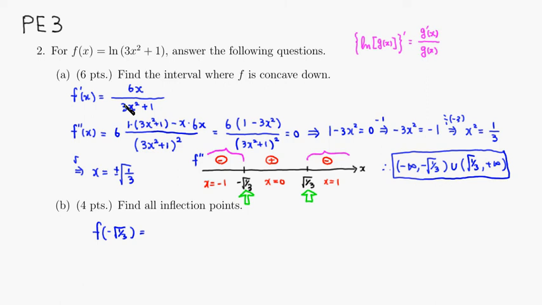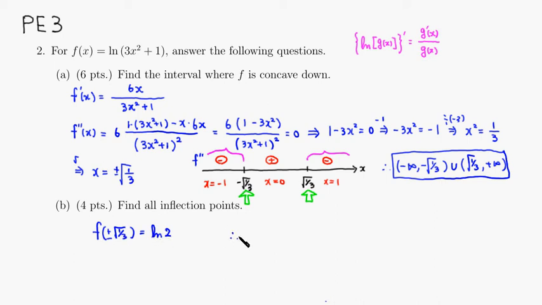You will see you get natural log of: square root of 1/3 squared is 1/3, times 3 is 1, plus 1. So it's actually natural log of 2. And since it gets squared, whether you use positive or negative, you still get natural log of 2. So that's the corresponding y value for both of them.